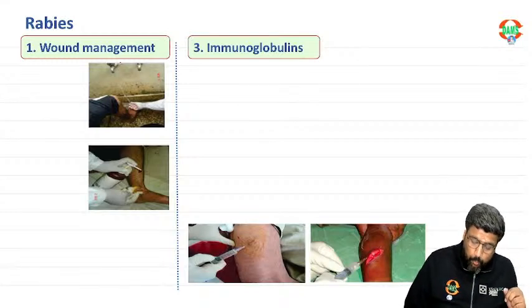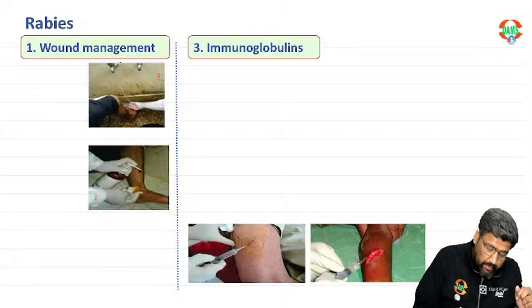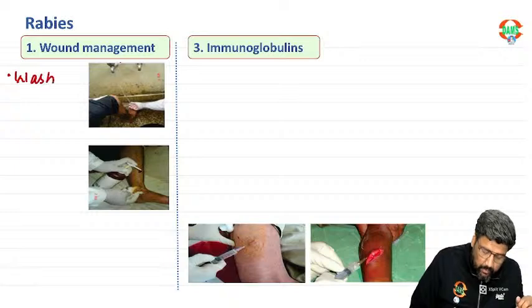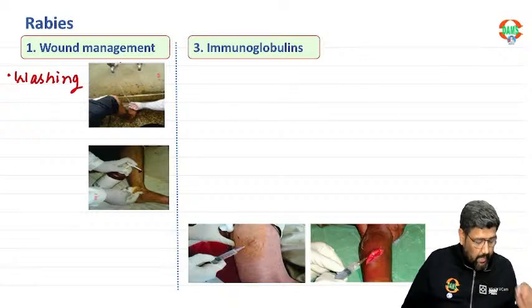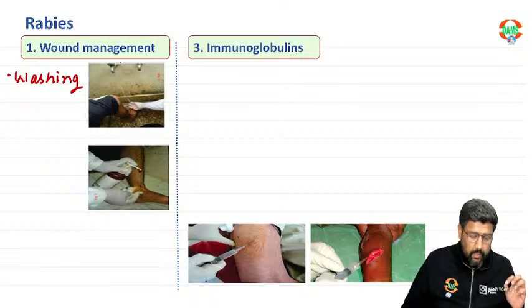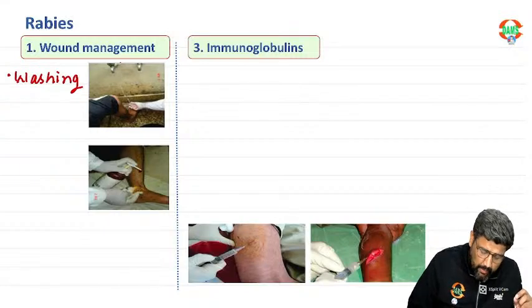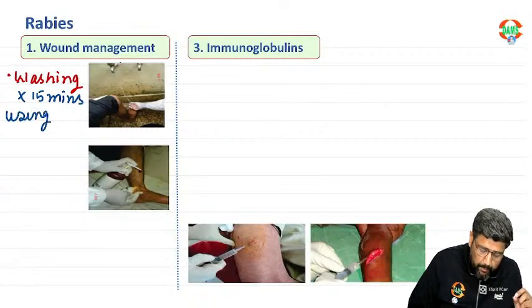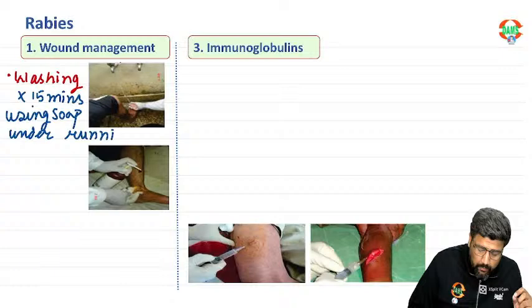The number 1 point regarding wound management is washing. How should you wash? For 15 minutes using soap under running water.